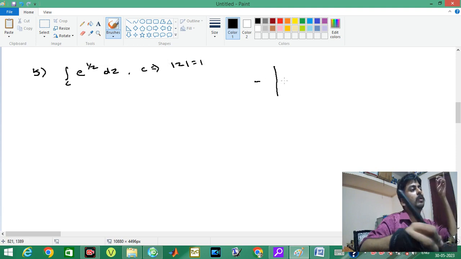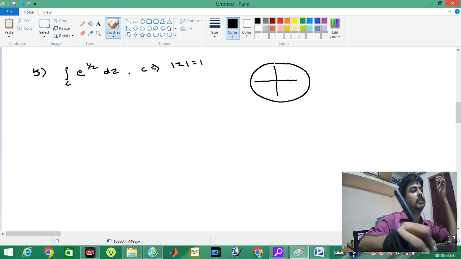So we can draw the circle, but it is not possible to bring the e power of 1 by z here. Okay, it will take many processes.